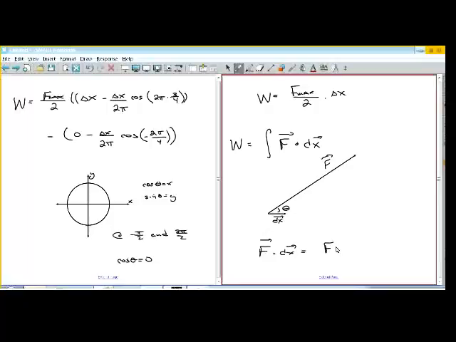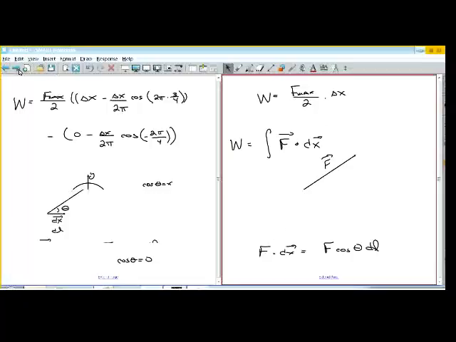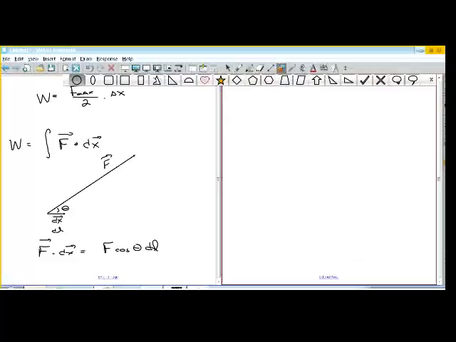It turns out that the dot product, if you take the F vector dot the dx vector, it just ends up being the force, which is a scalar, times the cosine of theta times the dL vector, they actually call this dL. So when you do a dot product, it's the cosine of theta, and you kind of think of it as the x component.